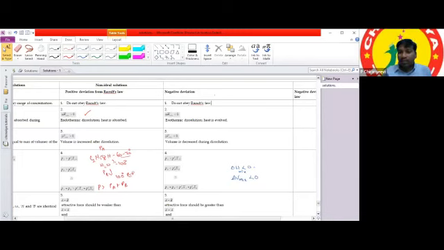Now my question is: for which of the following solutions is delta H greater than 0? Once again, I'm repeating the question.